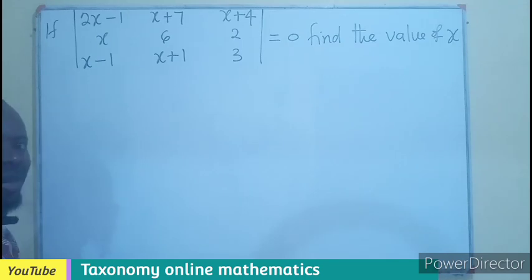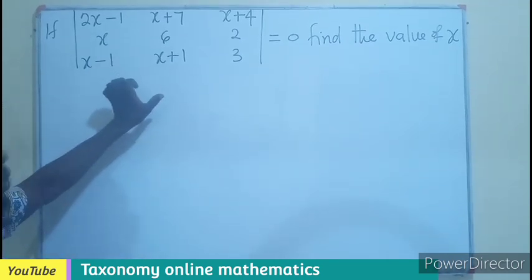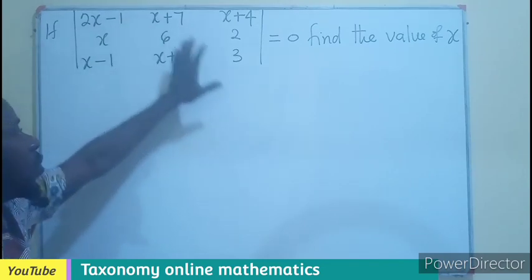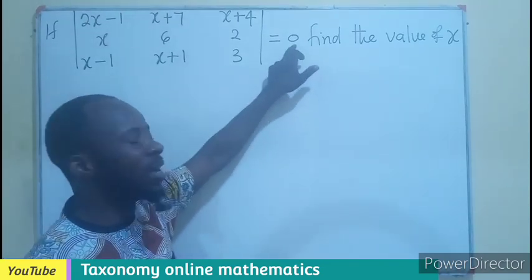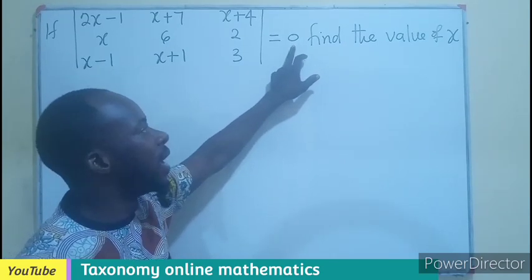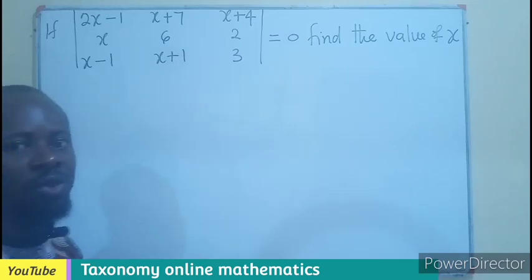This is the 3 by 3 matrix, so this is the determinant. We want to use the determinant of this. So if the determinant of the 3 by 3 matrix is given as 0, then what is the value of x in each of the entries?